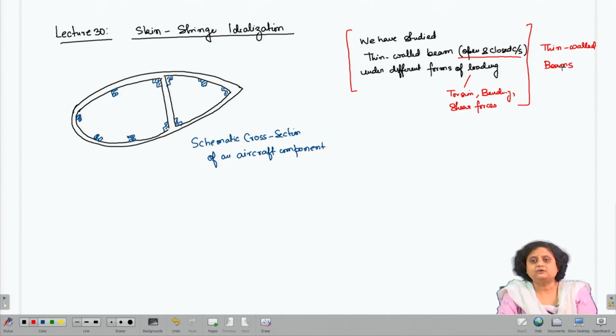Now, an actual aircraft component, may it be a wing, the flaps, ailerons, skins, anything, or the fuselage itself, will not be beams alone.